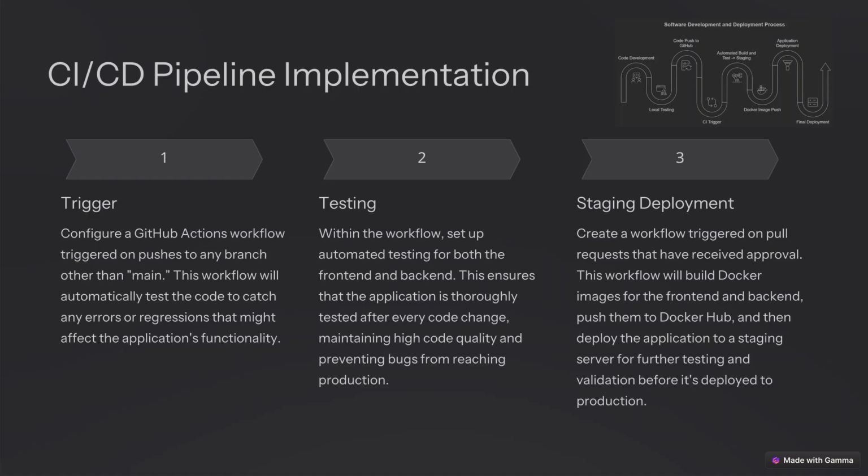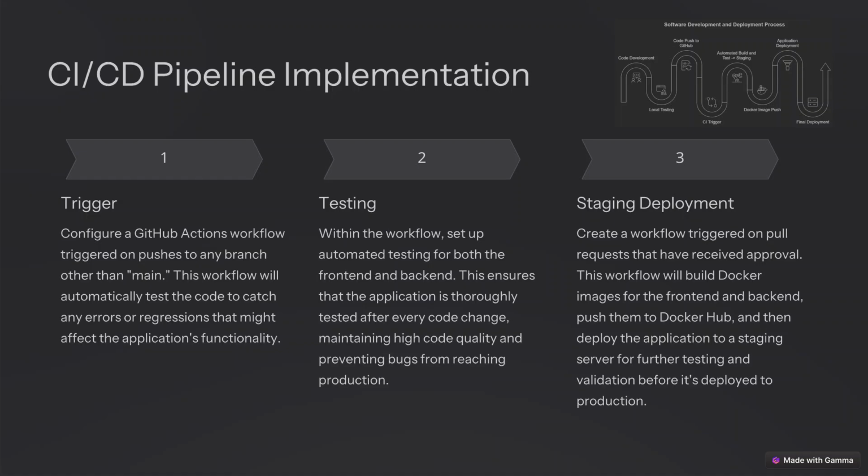So in the CI/CD pipeline implementation, the first step is that the developer develops the code, right? And then they test it locally to check that it works, and then the developer pushes the code to GitHub.